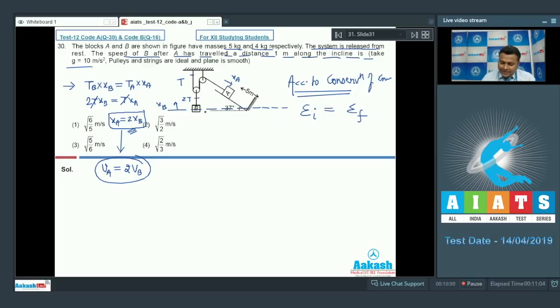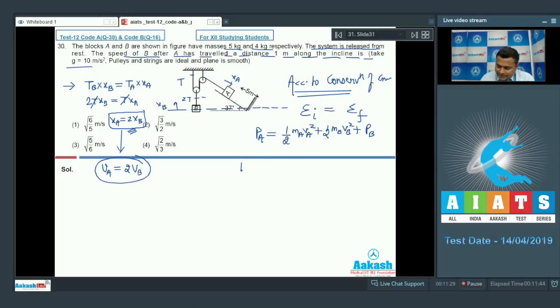So initially B has 0 potential energy. The system is released from rest, so only A will have the potential energy. So potential energy initially A has and kinetic energy is 0, equals finally, both have their velocity after some time. So kinetic energy half ma Va square, kinetic energy of B half mb Vb square, and this B will cover some height, so it will acquire some potential energy Pb.